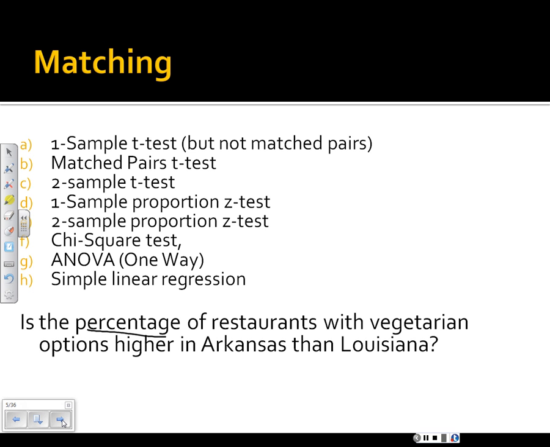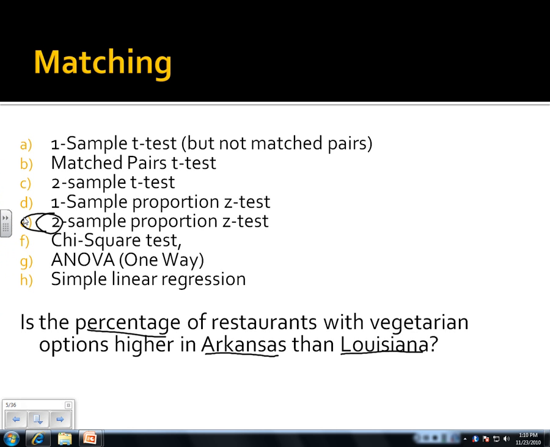Since there's two states that we're looking at, two groups, and it's percentage or proportions, that one's going to be the two sample proportion z-test. Qualitative variable, when we go to a restaurant, the question we're asking about the restaurant is simply, do you have a vegetarian option or not?